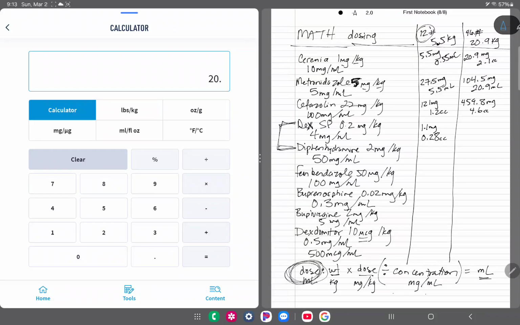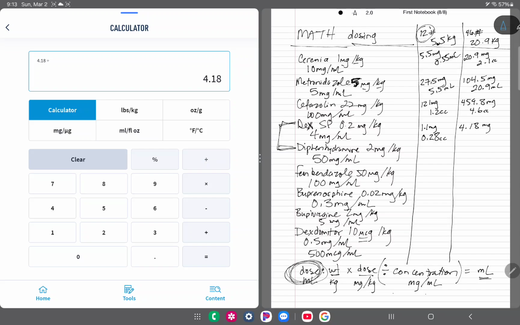For the dog, 20.9 kgs times our dose, which is 2. No, I'm sorry, I went down to diphenhydramine too quickly. So 20.9 times 0.2 of Dex SP, that is 4.18 mg that I write in the computer. But what is the dose I'm actually giving to the dog?